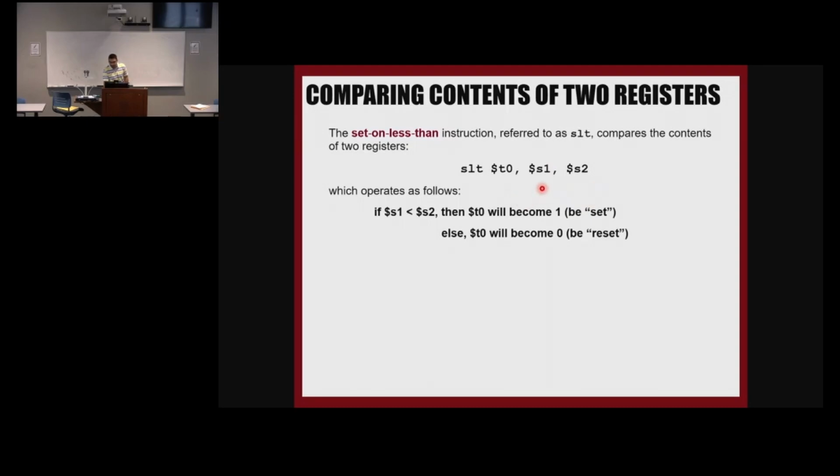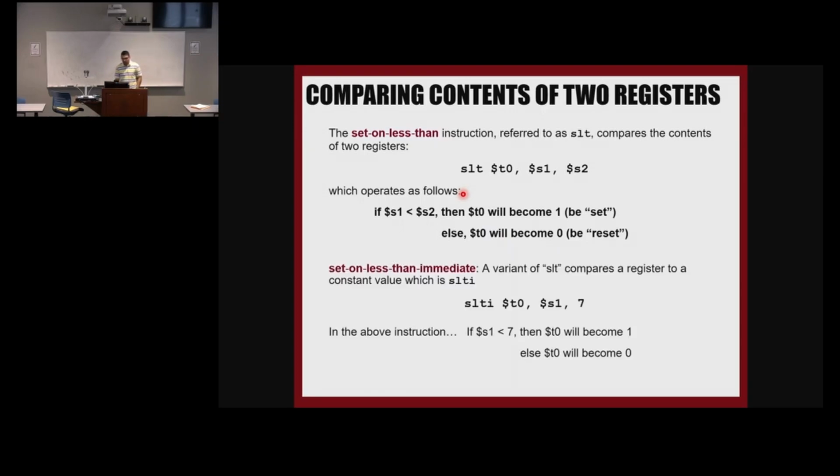If it is not, T0 is 0. We can have a variation of that, which is set on less than immediate. We compare it with a number. So if S1 is less than 7, then T0 is 1. If it is not less than 7, T0 is 0.